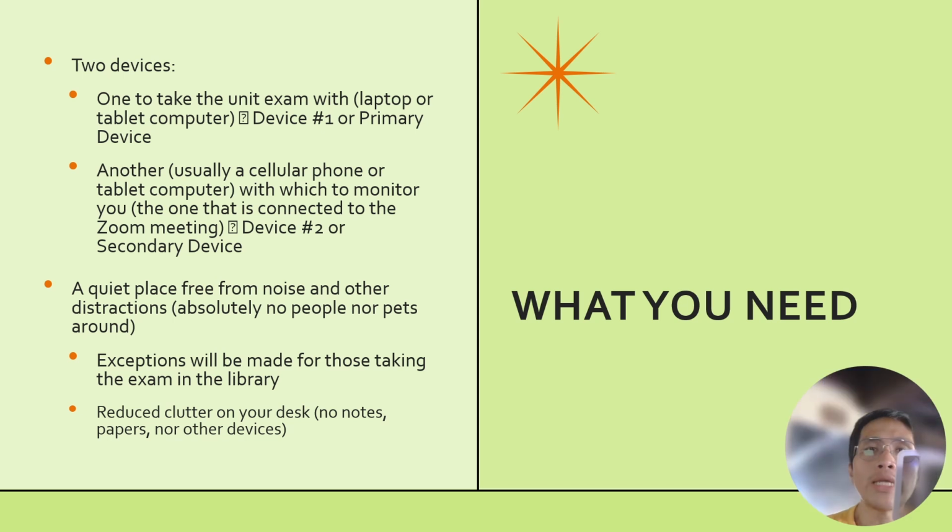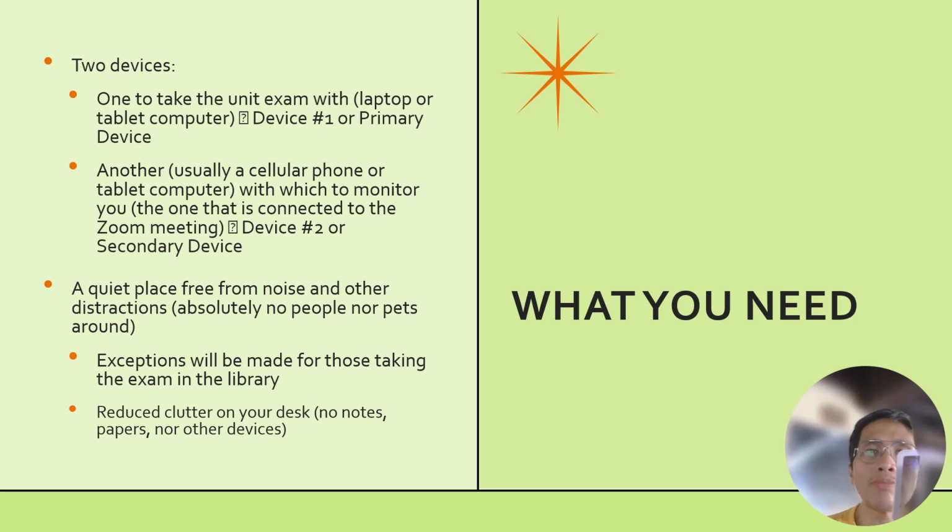So, what do you need to take a unit exam in the Department of Preventive and Community Medicine? You need two devices. Your first device, also known as your primary device or device number one, is the device that you're going to use to take the unit exam with. This is usually a laptop or tablet computer.